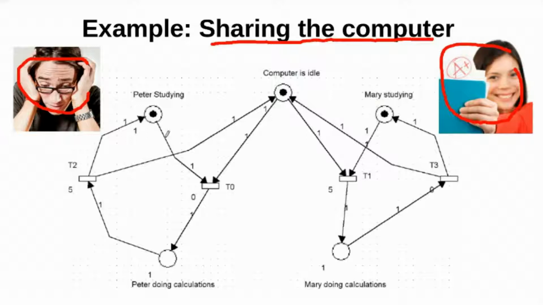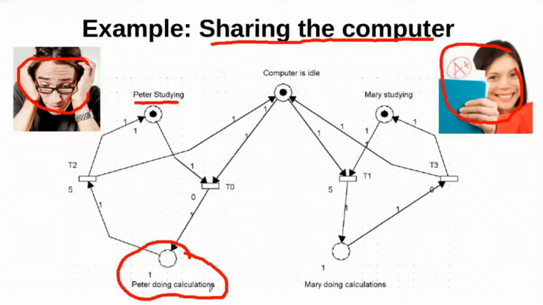That's very important because Peter spends a small amount of time studying, okay? But Peter spends a lot of time using the computer in order to do the calculations. So Peter spends a small time thinking about what to do and a lot of time just trying and having some errors when he's doing calculations.